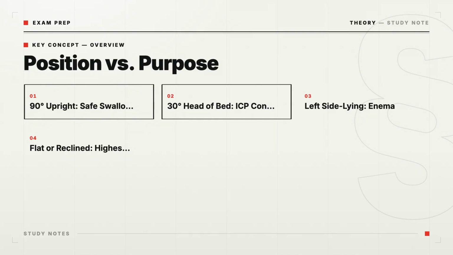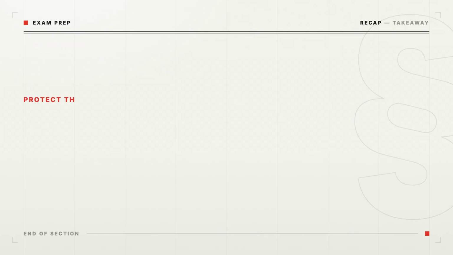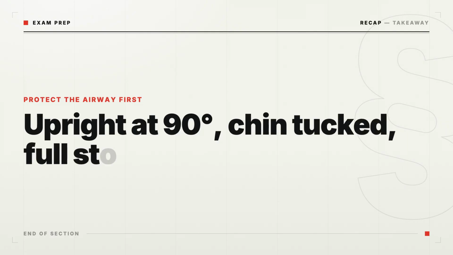Lying flat is the most dangerous choice, and a partial recline of 30 degrees still isn't enough for eating. Remember that 90 degrees upright serves swallowing, 30 degrees head of bed serves pressure control, and left side lying serves an enema. Each answers a different problem. When a question pairs a meal with a swallowing problem, think airway protection, fully upright, chin tucked, and no half measures.